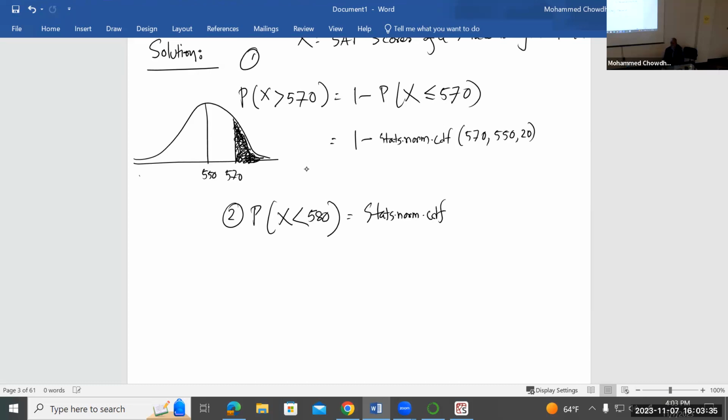If it is less than, always use the formula directly. If it is greater than, use 1 minus, remember that. So then we have 580, comma 550, comma 20. Can anyone of you tell me what the number was? Did anyone compute that or not? Okay, if you did not, let me compute it.